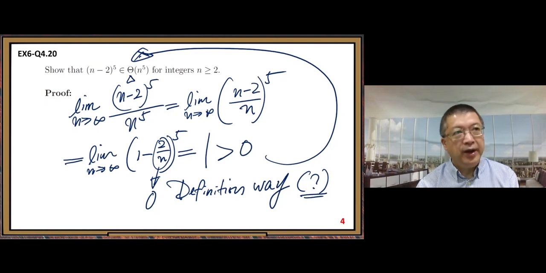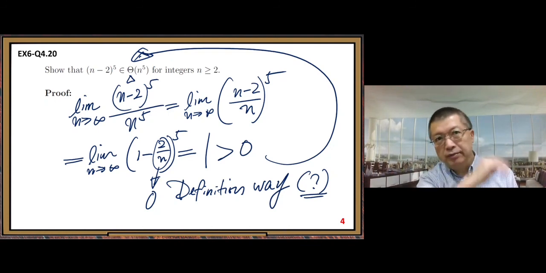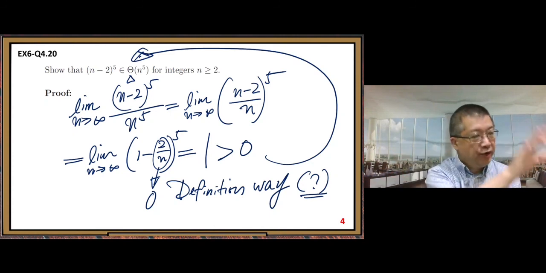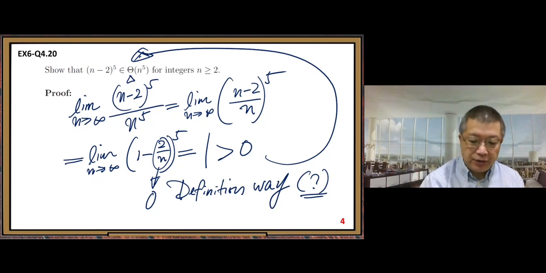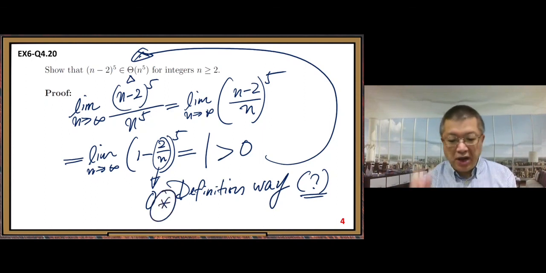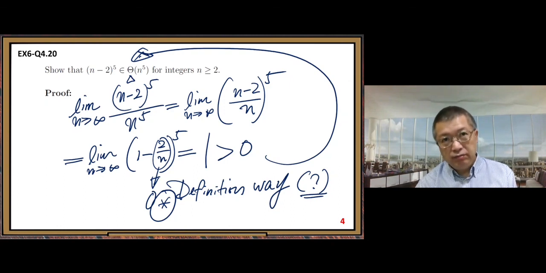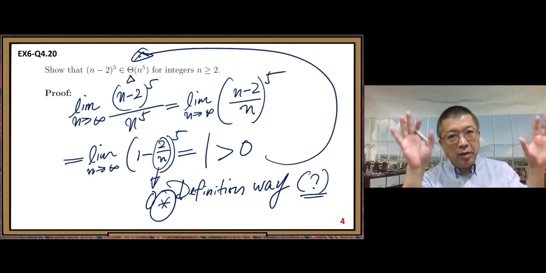I am already near the limit of our standard time limit, so I need to stop right here. But later when I give you the review for the midterm, I can show you how to use the definition to prove this. It's harder than the limit, but it helps you understand the big theta concept. So it is useful. All right, so let me stop here.